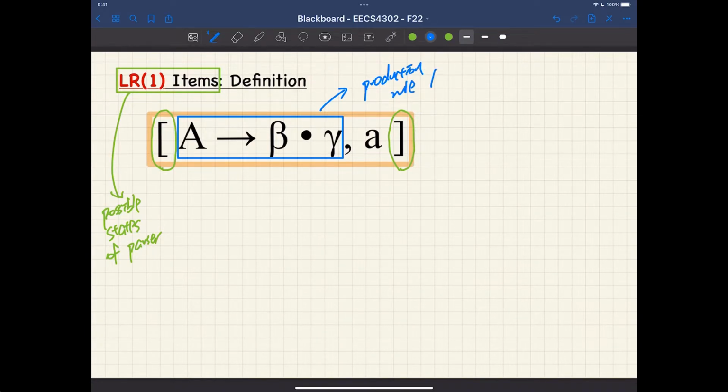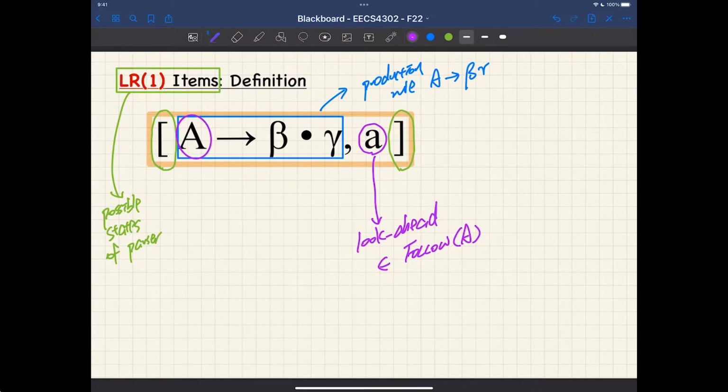In this case, A produces beta followed by gamma. And what about this bullet point? I'll get there in a moment. And what about this A over here? A over here is the lookahead. More precisely, it is a member of the follow set of A, which we ultimately want to reduce into.